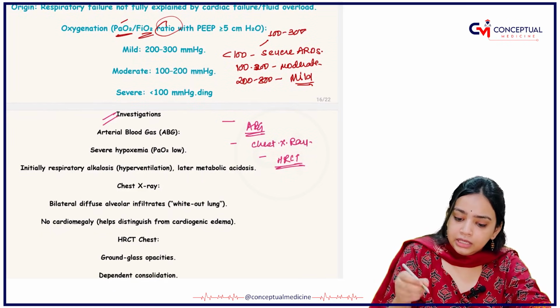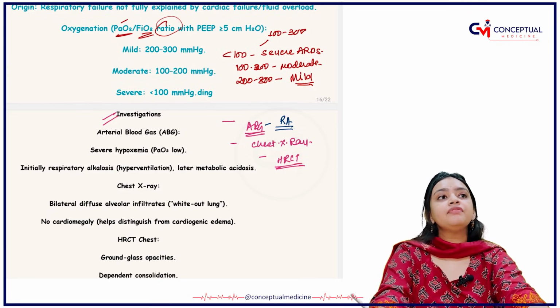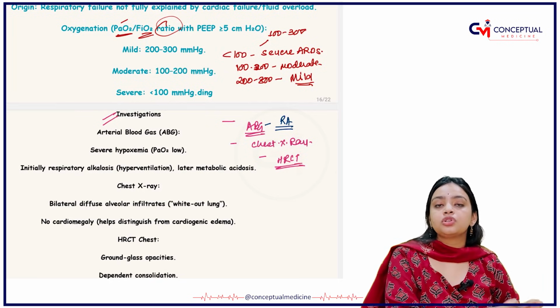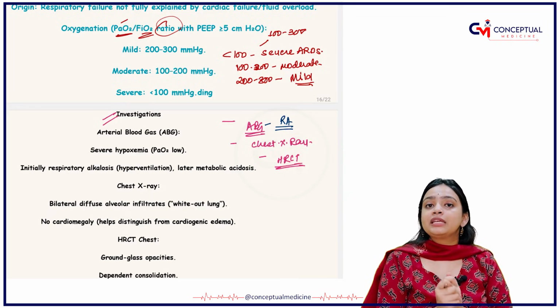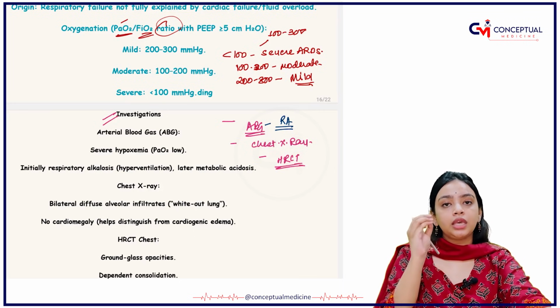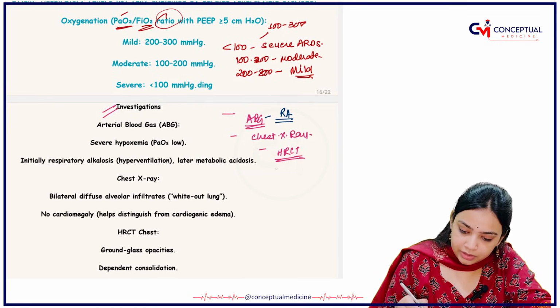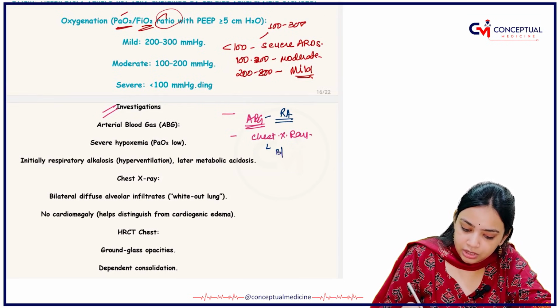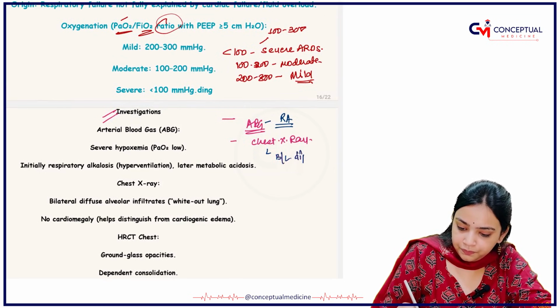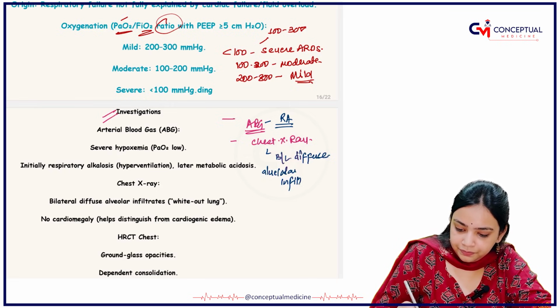Okay. In the ABG, what you are able to see is respiratory alkalosis. You have alkalosis and you have acidosis. So here you will be able to see respiratory alkalosis. Alkalosis means all the K ions are lost. Then in the chest X-ray, you will be able to see the bilateral diffuse alveolar infiltrates.